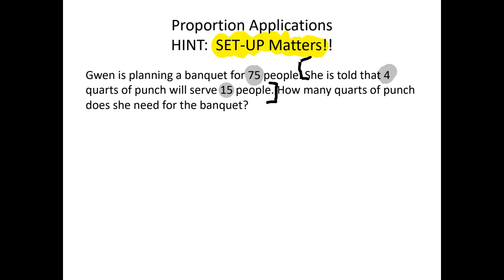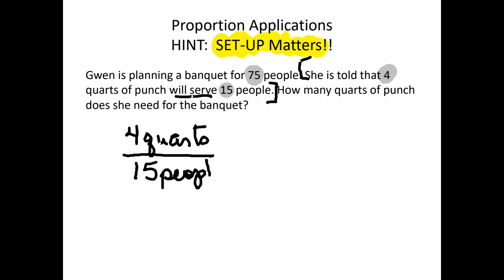Okay, in this second sentence, will serve is my verb, which means I'm going to put 4 quarts in my numerator, 15 people in my denominator.